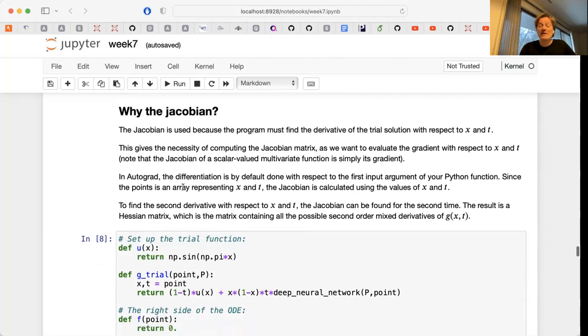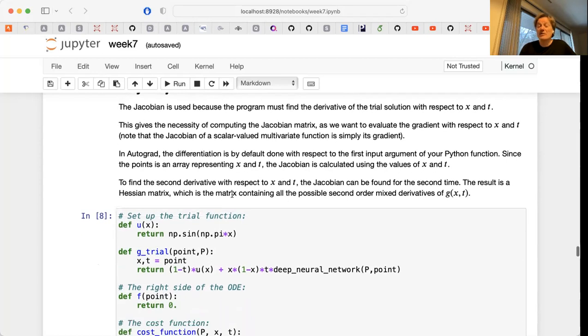So in autograd, which is normally what we would recommend that you use, the differentiation is by default done with respect to the first input argument of your Python function. And since the points are in an array representing x and t, the Jacobian is actually calculated using the values of x and t.